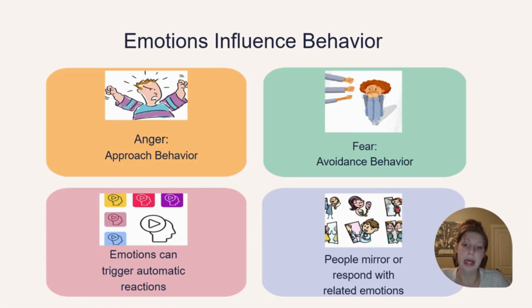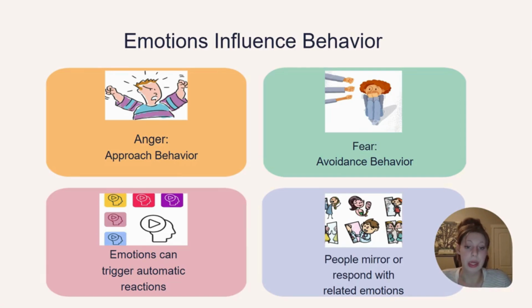It's important to realize that emotions can trigger automatic reactions. So sometimes people will emote, they will feel a certain thing, like sadness, happiness, anger, frustration, joy, whatever it may be. And those feelings will cause automatic reactions in us, like saying something out of joy, saying something out of happiness, saying something out of anger, or running away from something out of fear.